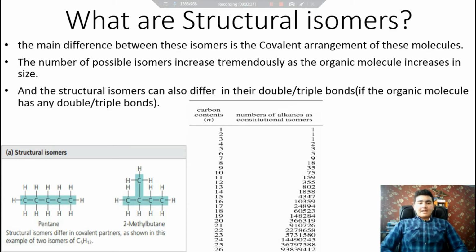Okay, and have in mind that the structural isomers may differ in the location of the double or triple bonds, if the molecule even has any. Okay, and have in mind that the carbon skeletons that have double or triple bonds are named differently in relation to alkanes.